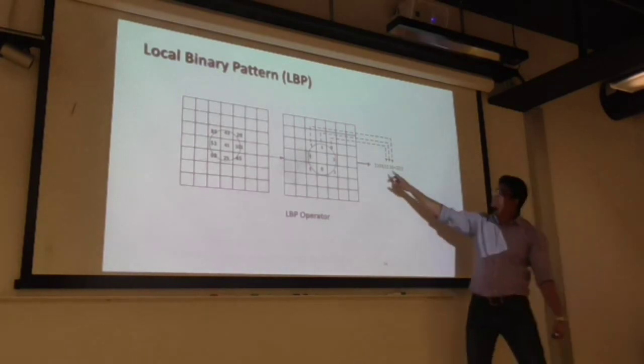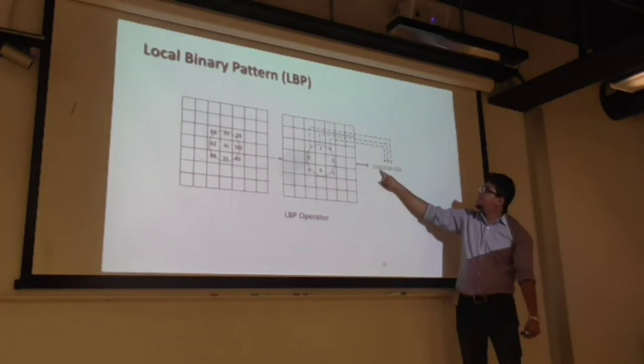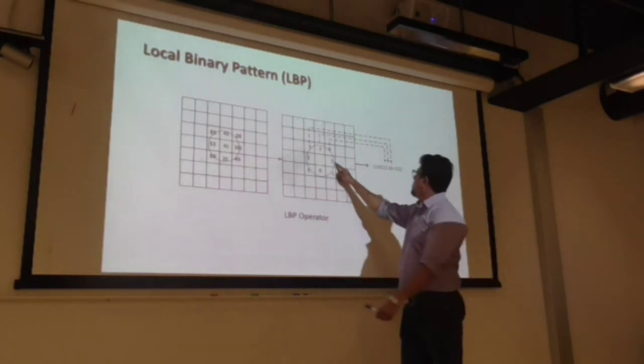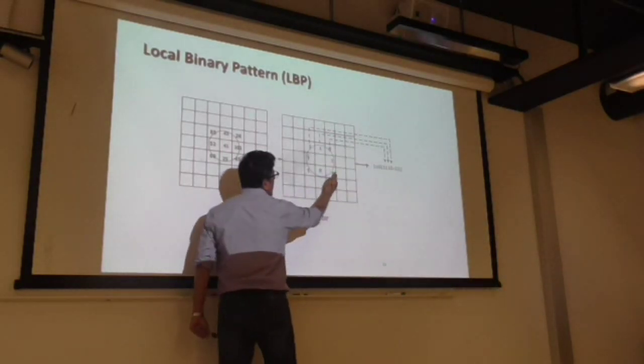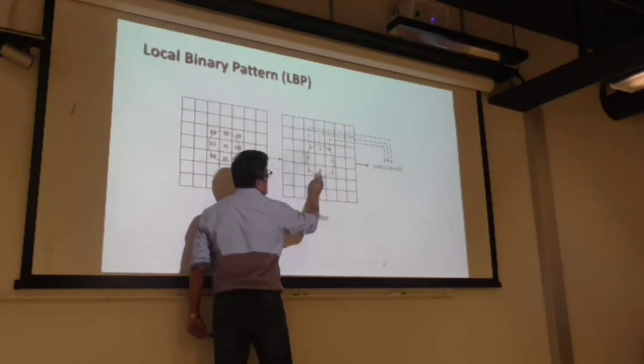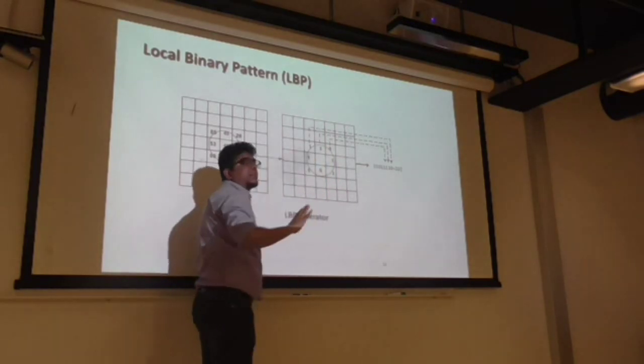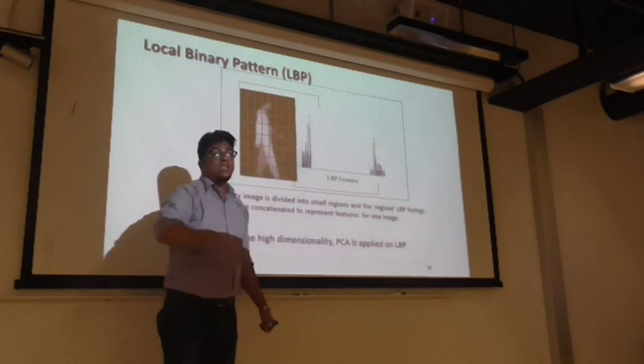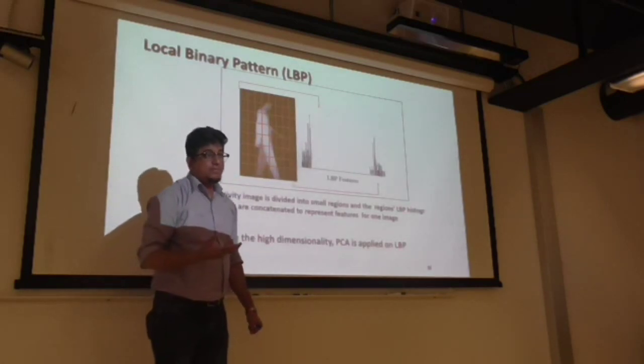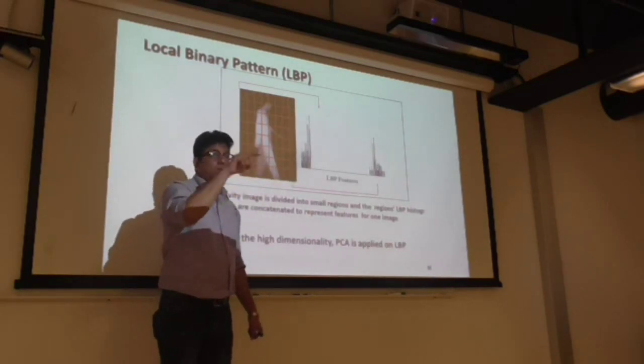Then organize the 8 bits. So you can see here 1, 1, 1, 1, 0, like this from here: 1, 1, 0, 1, 1, 1, 1, 0. So an 8-bit pattern. The direction which way you go is up to you: clockwise, anti-clockwise, or from where to where.